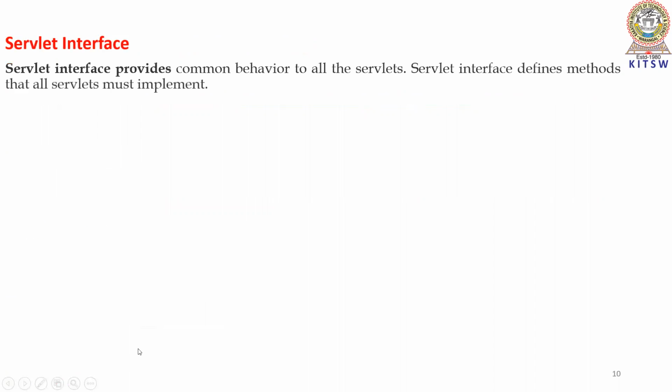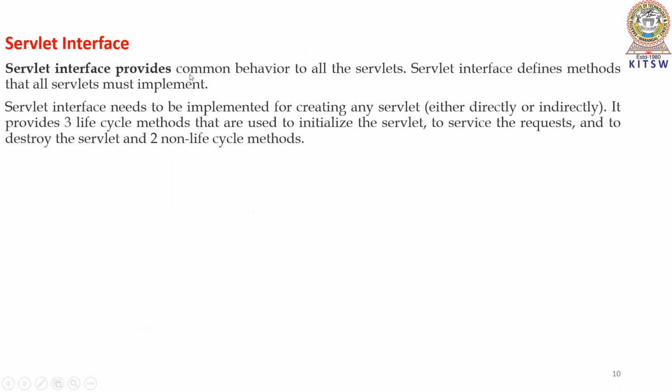Servlet interface. For example, we will discuss one interface, the Servlet interface. The Servlet interface provides common behavior to all the servlets. Whatever servlets we will develop in our lab, the behavior for them is provided by this interface. The Servlet interface defines methods that all servlets must implement.